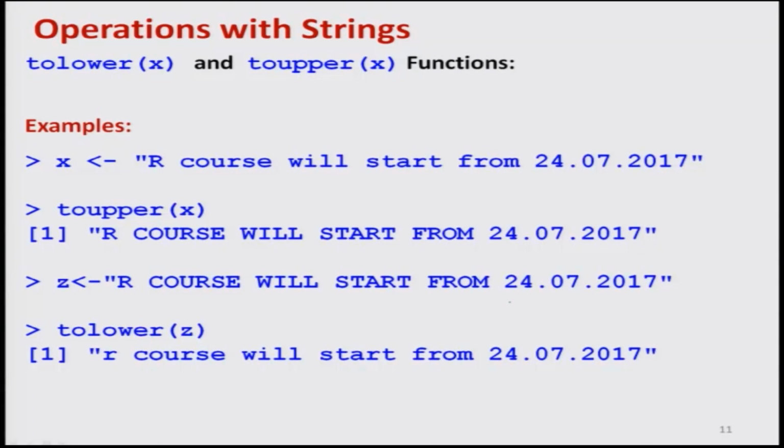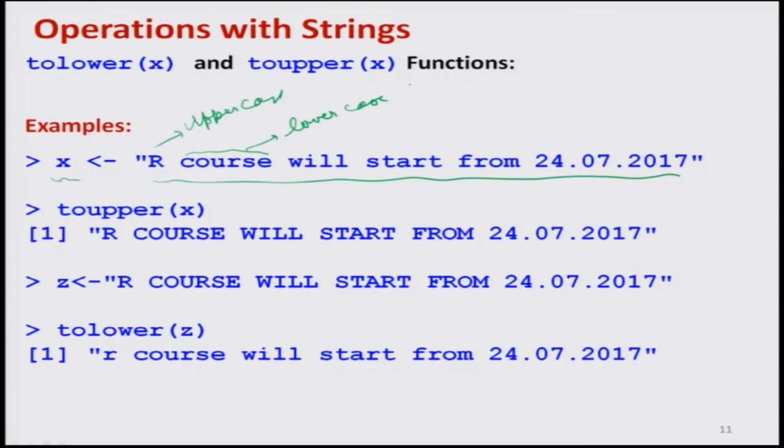Suppose I have a string in which I have written a sentence something like: our course will start from 24/07/2017, and I have stored this statement in a variable, say x. You can see here the R is in uppercase, but all these other things are in lowercase, small alphabets have been used.